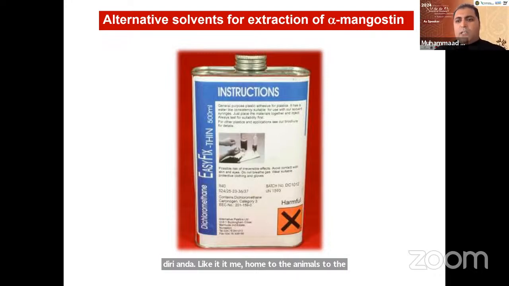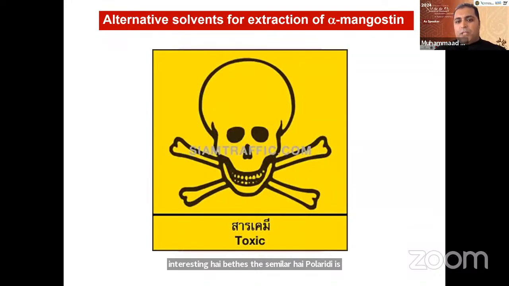So what can be the alternative solvent that has the similar polarity to dichloromethane to extract alpha mangosteen?